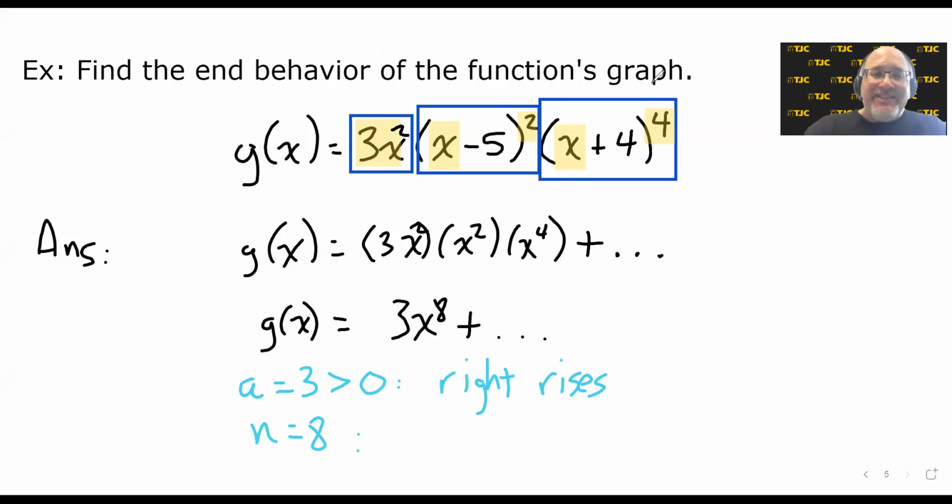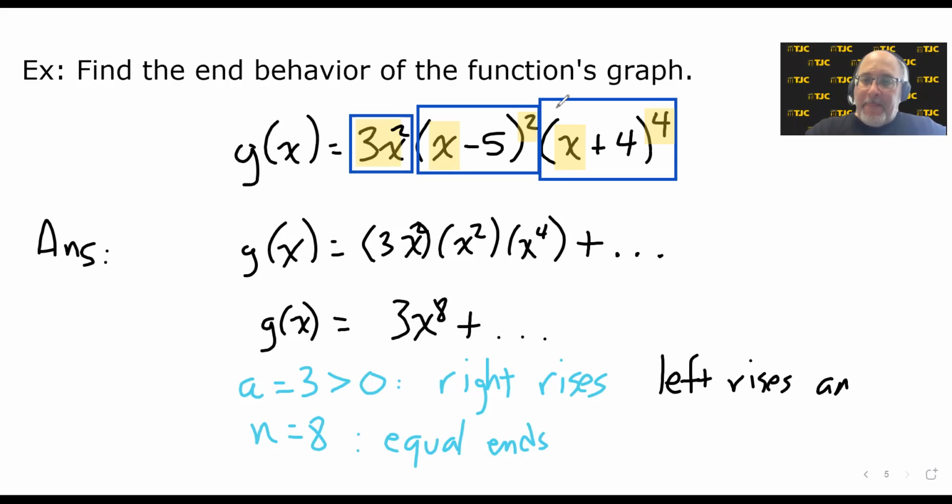And because 8 is even, that means we have equal ends. So if the right rises and the ends are equal, that means the left rises also. We could say the left rises and right rises. You could also say both ends rise.